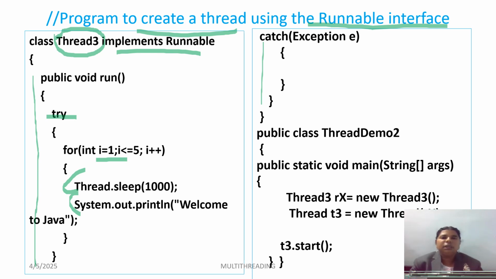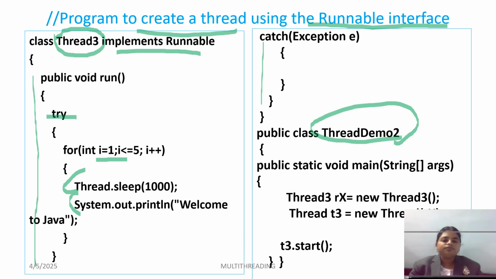We have another class called thread-demo2, inside which we have the main method, and we create the object Rx for the thread3, and please notice we create another object T3 for the thread class, which is assigned to Rx.